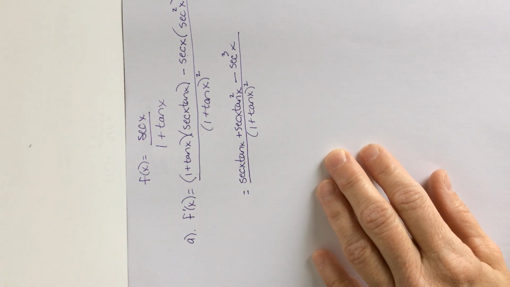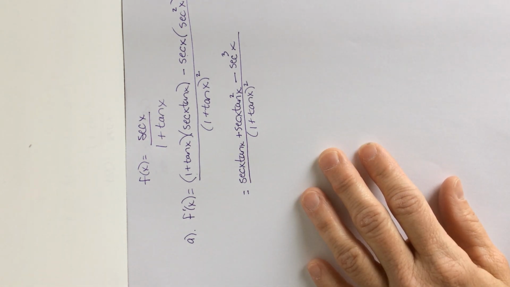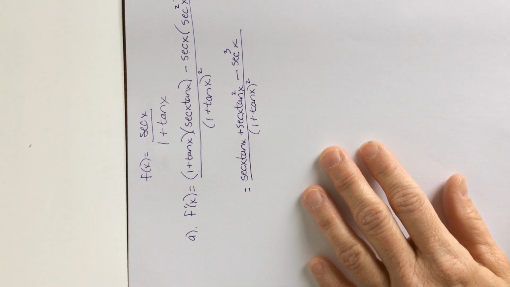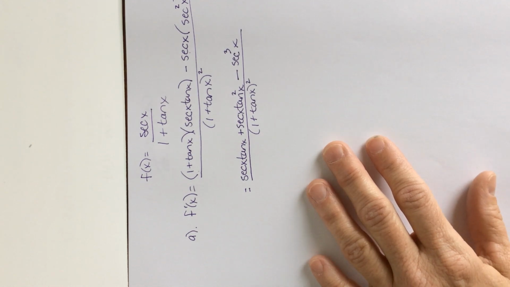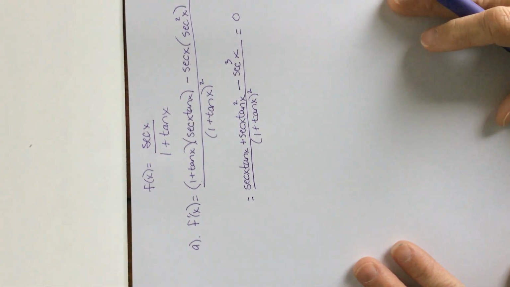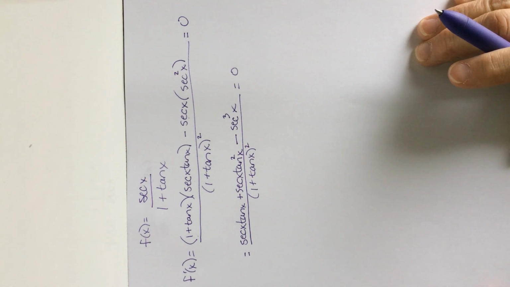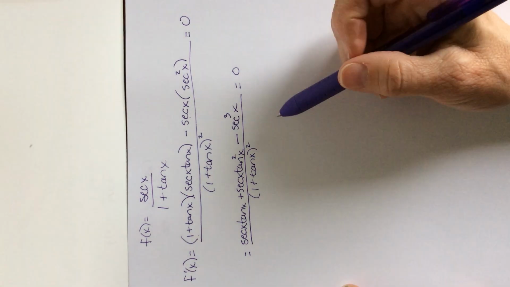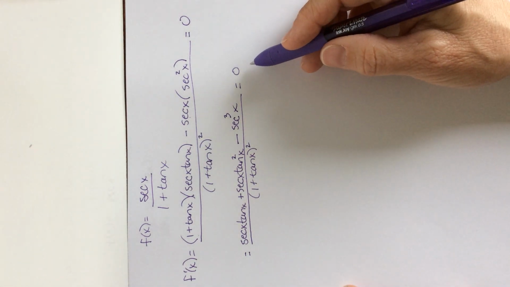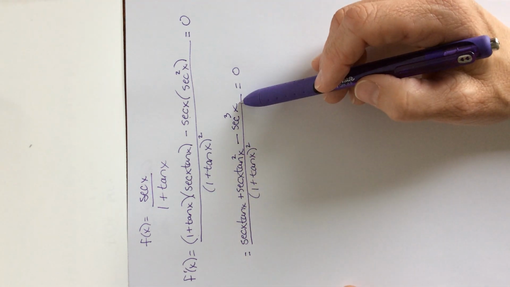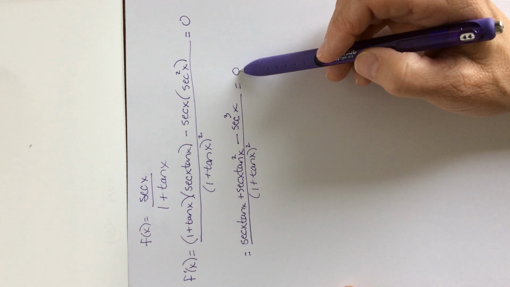Okay, so if I go ahead now and set this derivative equal to 0, let me scoot that over, sorry. Then when I start to solve this, all I really am interested in is the numerator equaling 0.